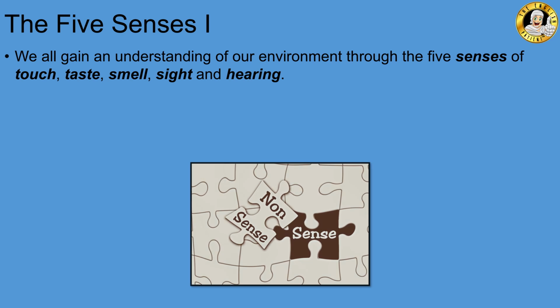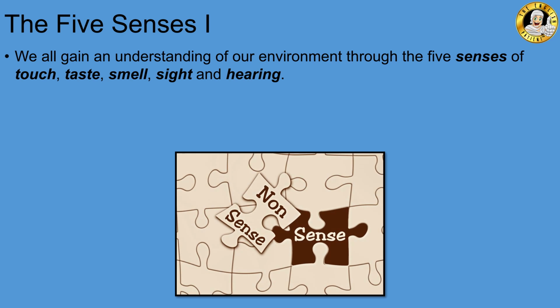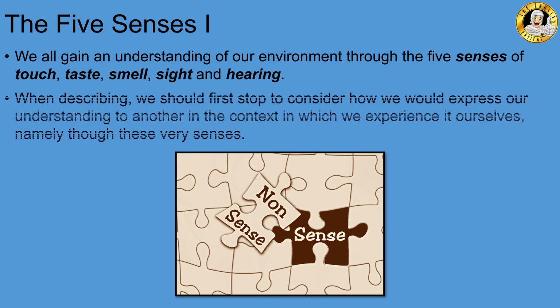Now, a good place to begin is the 5 senses. This is because we all gain our understanding of the environment around us through our senses. These are the sense of touch, the sense of taste, the sense of smell, the sense of sight, and the sense of hearing.